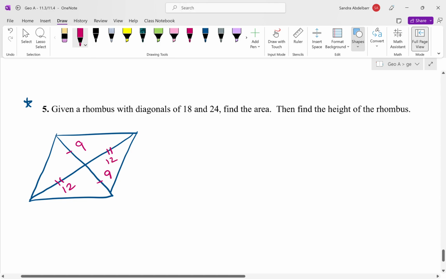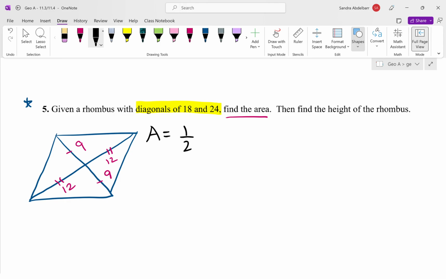All right, the first thing they're saying is find the area. Based on the information they gave us, that the diagonals are 18 and 24, which formula should I use to find the area? The kite one, exactly. Area equals half d1 times d2. Are my diagonals 9 and 12?